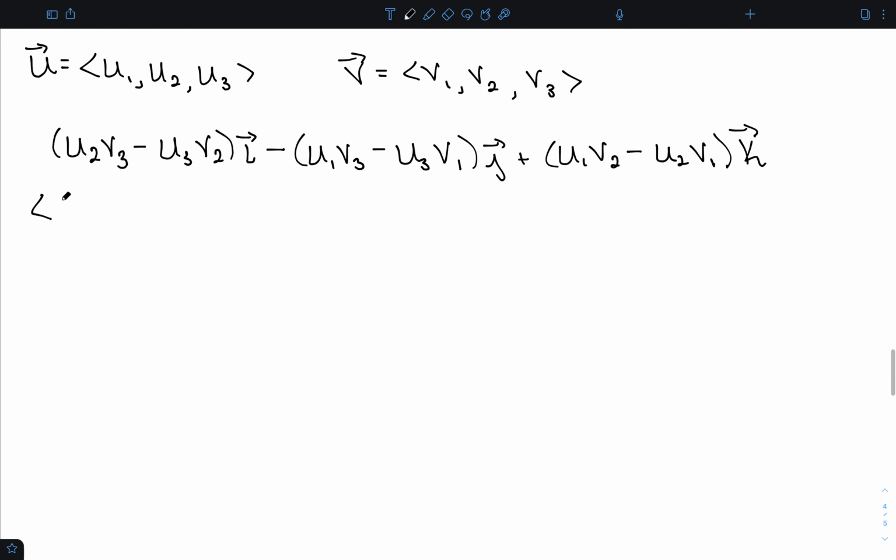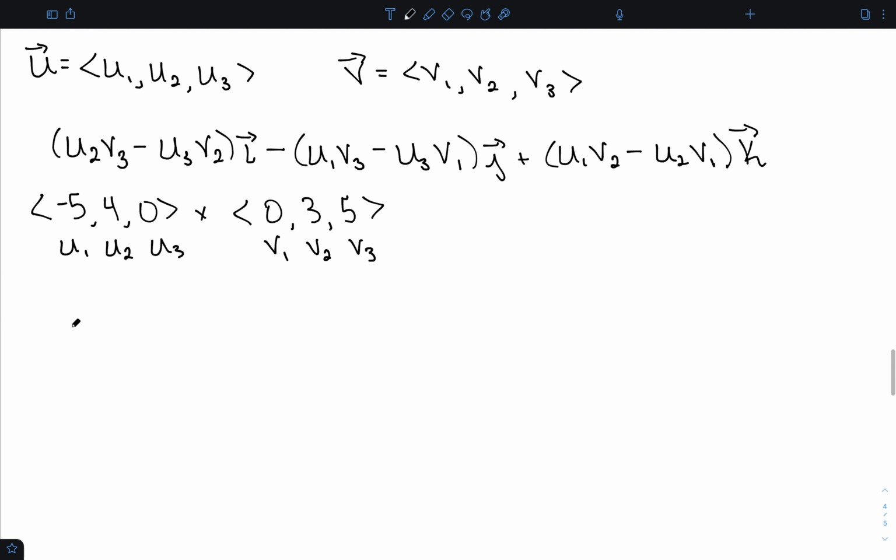If I once again consider my vectors -5, 4, 0 and 0, 3, 5, in this case, -5 is u1, 4 is u2, 0 is u3, 0 is v1, 3 is v2, and 5 is v3.